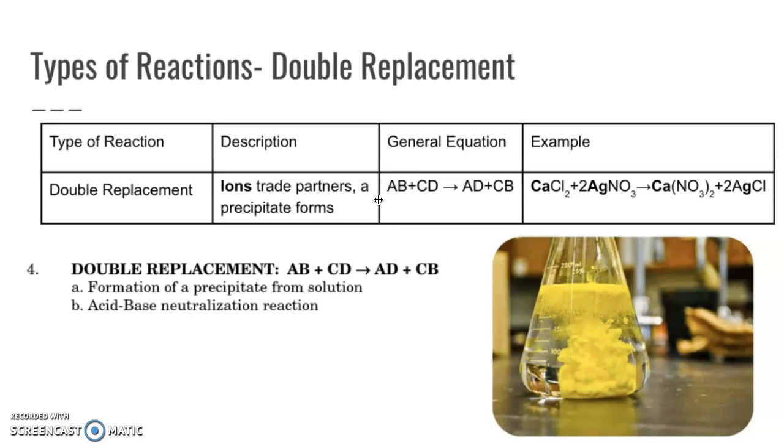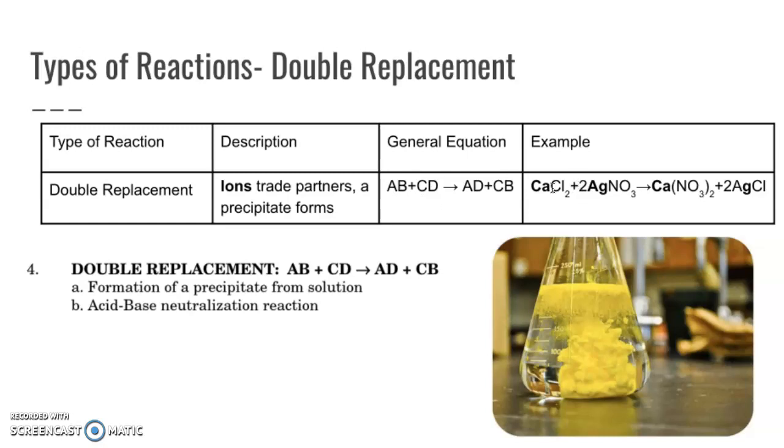Double replacement is AB plus CD yields AD plus CB. So A takes the spot of C, and C takes the spot of A. There are ions that are both switching, so each partner switches.